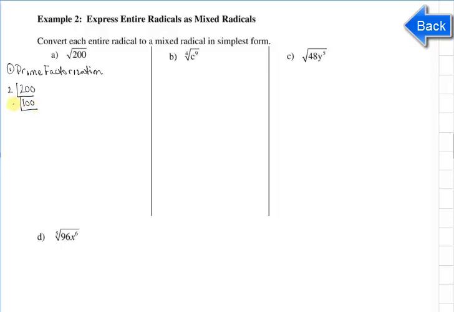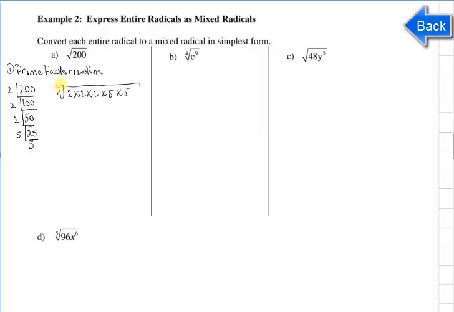And then I'm going to do that again, and 2 goes into 100 50 times, and then I'll divide by 2 again, and it goes into 50 25 times, and now I need to divide by 5, okay, because I can no longer divide by 2. And so in my radical sign then I'm going to write 2 times 2 times 2 times 5 times 5.